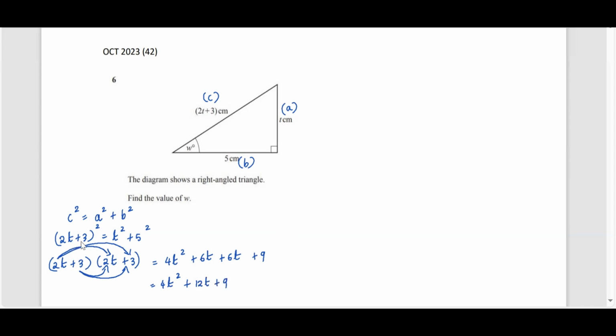Now this is 2t plus 3 the whole square. And we know that 2t plus 3 the whole square is equal to t square plus 5 square, which is 25. Instead of 2t plus 3 the whole square, we can write 4t square plus 12t plus 9 is equal to t square plus 25.